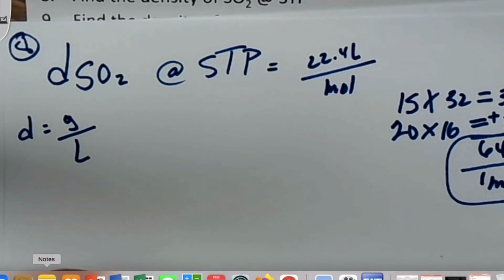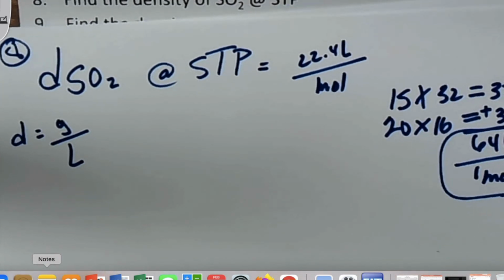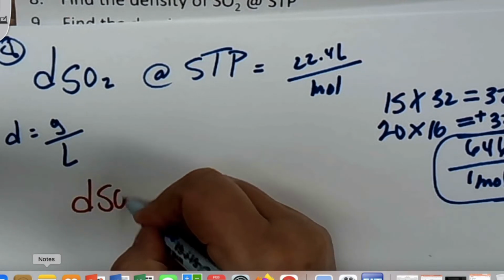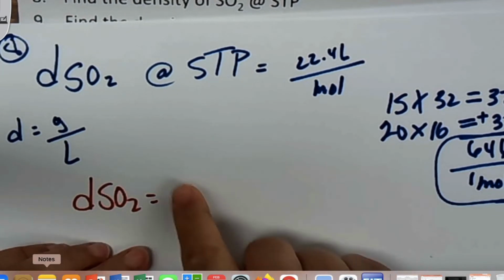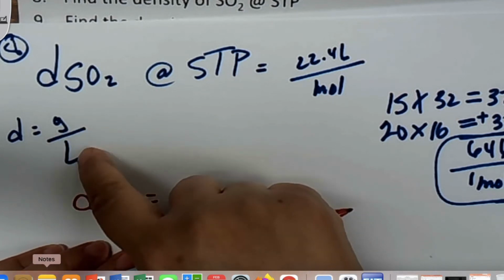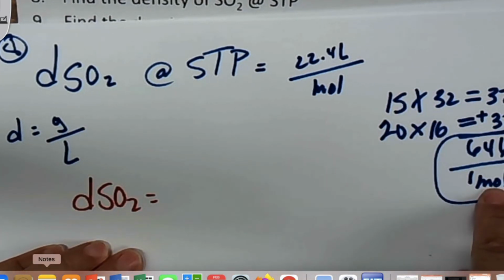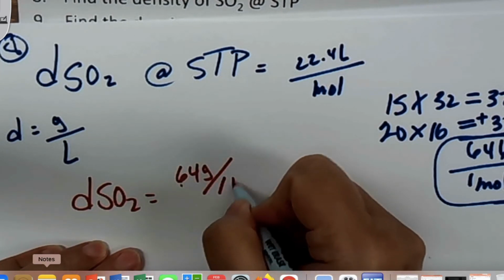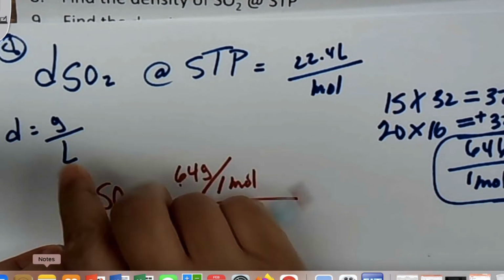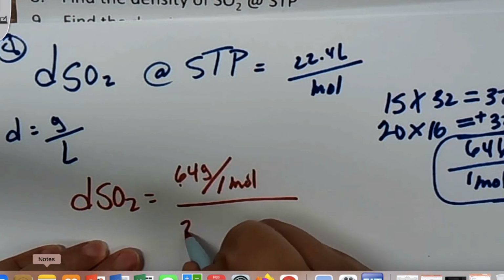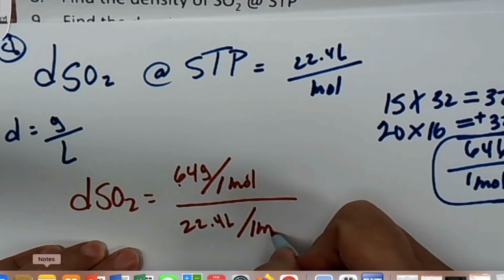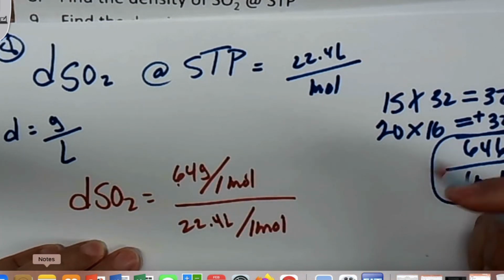So now we're ready to plug in the value. Density of SO2 equals, the density is grams per liter, so grams is 64 grams per 1 mole, and then liters is 22.4 liters per 1 mole because it's STP.